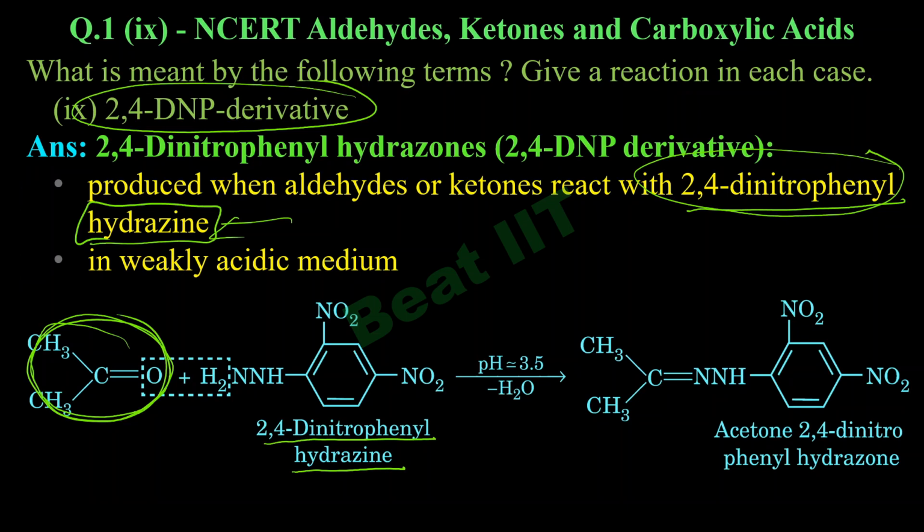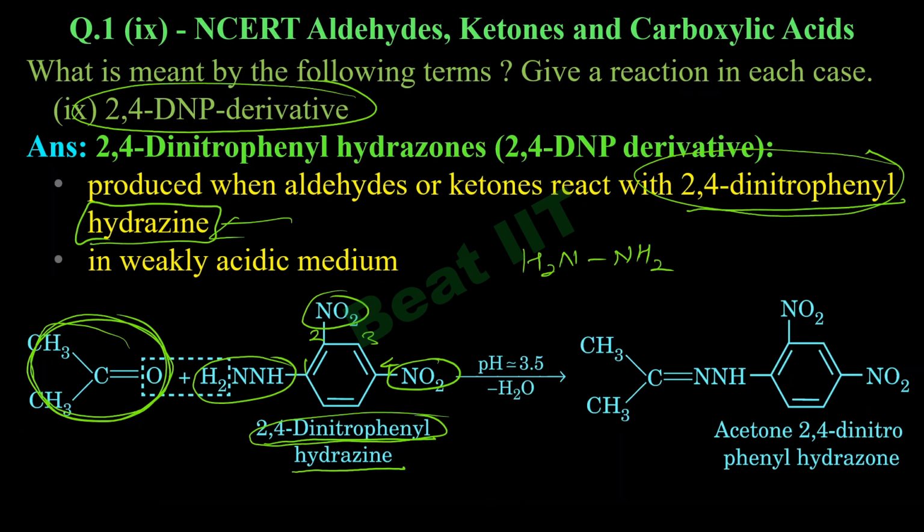Okay. So here on second carbon and fourth carbon, you have nitro. So that's why 2,4-dinitrophenyl. And here you have hydrazine. Hydrazine is NH2, NH2. Okay. One hydrogen obviously replaced because it is connected with the benzene ring.